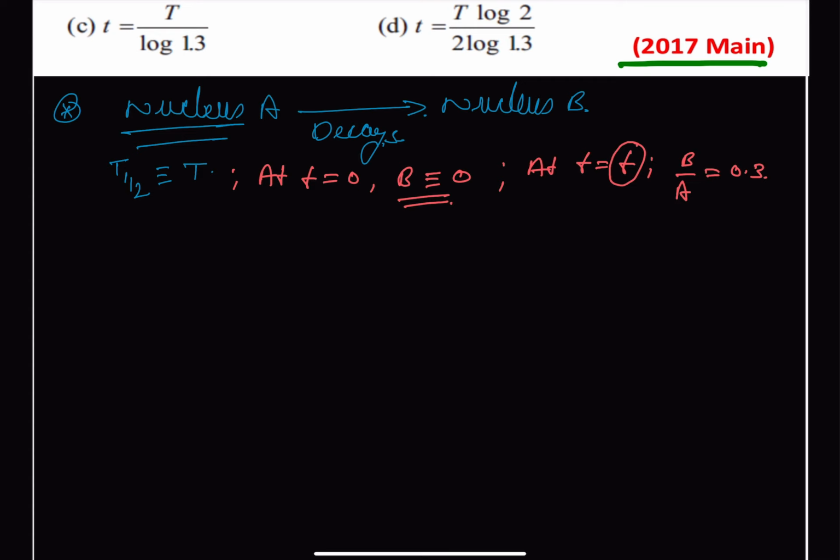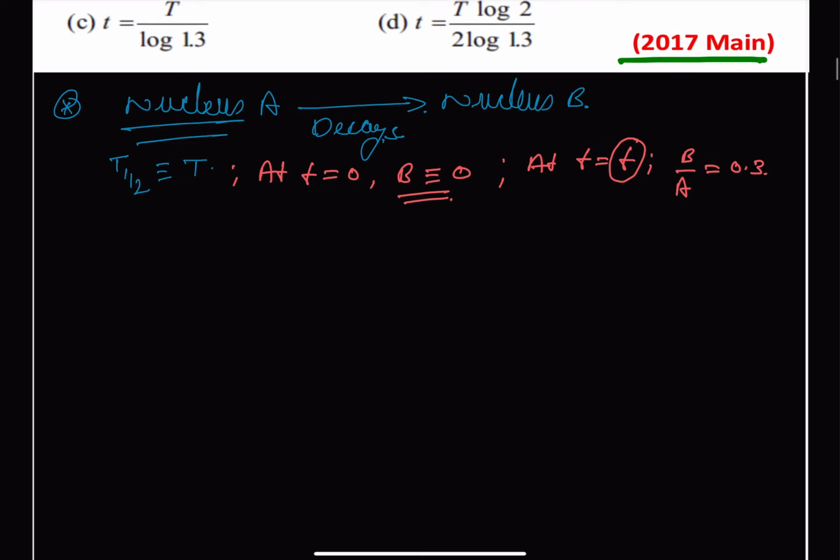So we start with A and use the decay law on A. Decay law for A, we can write that, and we can assume that at t equal to 0, our A has a number of nuclei N0.